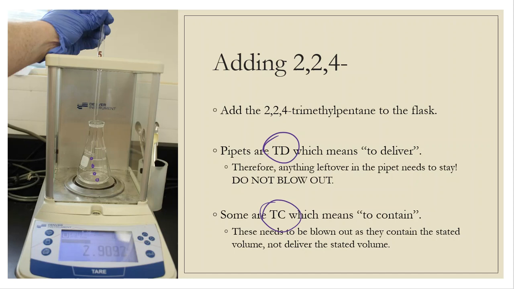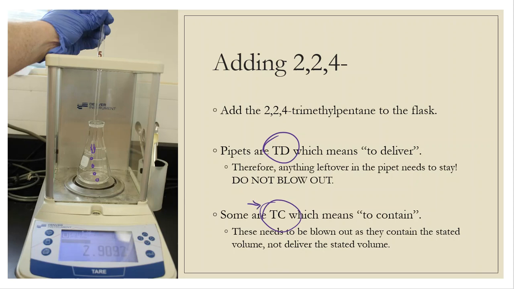Okay, well, what does that even mean? Well, some people have an issue because there's a little bit of volume that's left over in the tip down below, and they think that that volume needs to go out and into that flask. And you do not do that. You do not blow out those volumes of a TD pipette because they are meant to deliver.